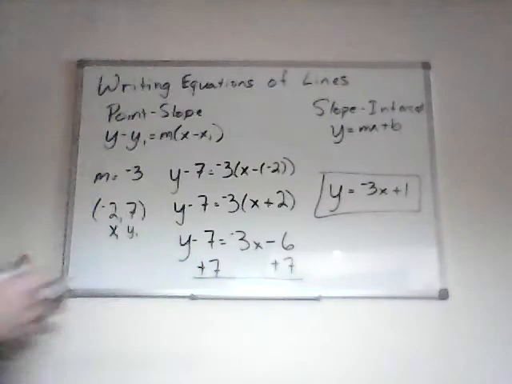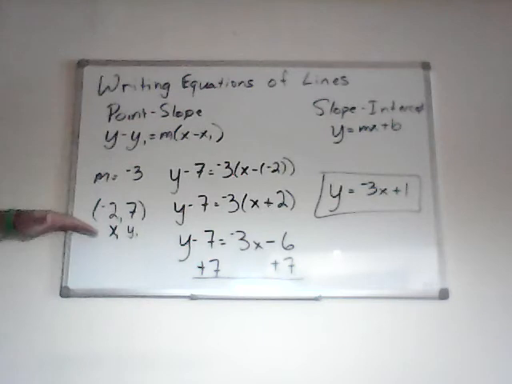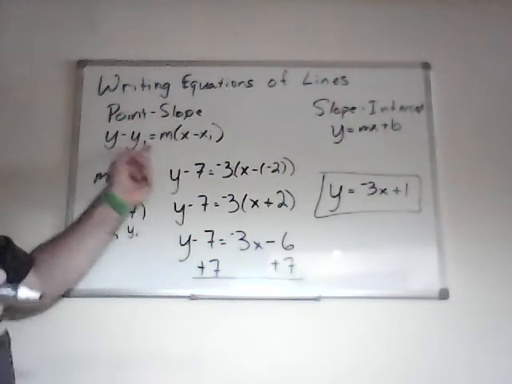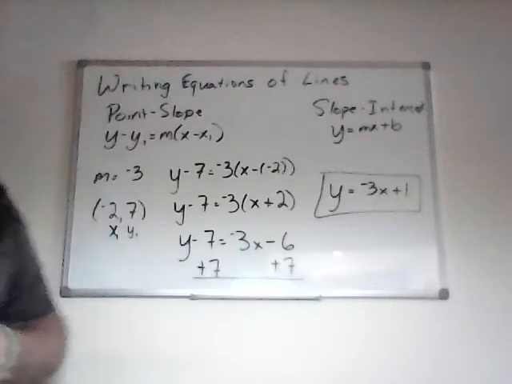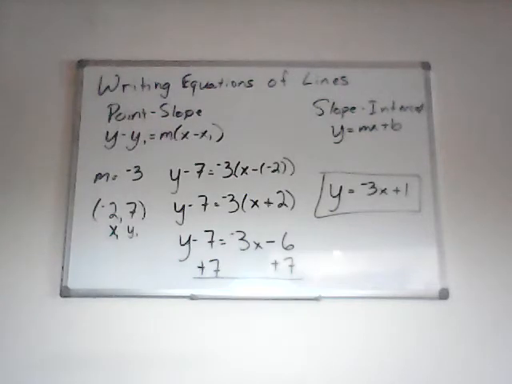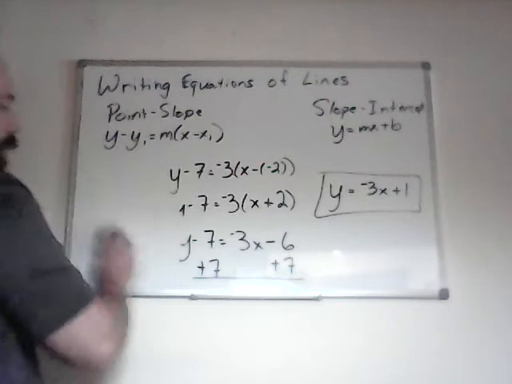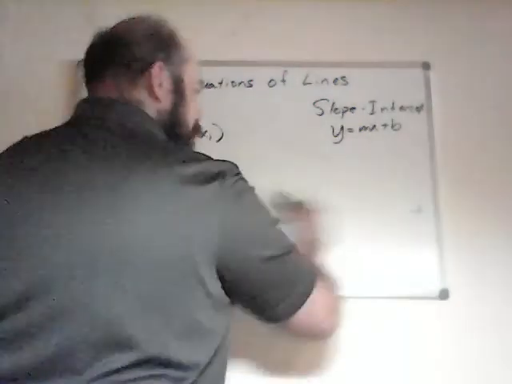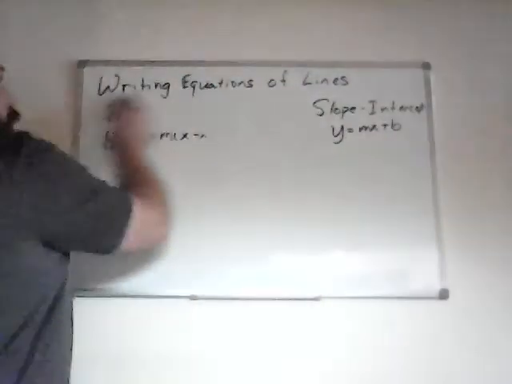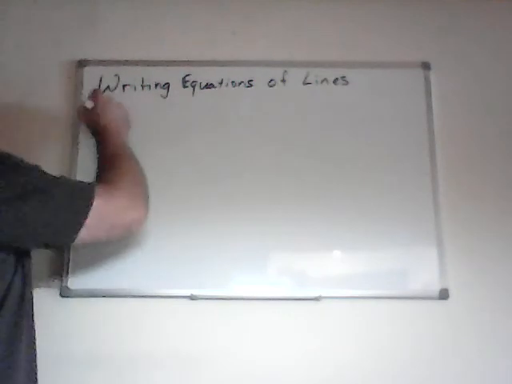Okay, so writing the equation of a line when I have the slope and the point on the line is as simple as putting it in point slope and then solving for y, which will give us the slope intercept. Now, if I needed to find something parallel or perpendicular, it would work similarly, but we would just have to find the slope and work within there. So we know that parallel lines have the same slope and perpendicular lines have opposite reciprocal slopes.